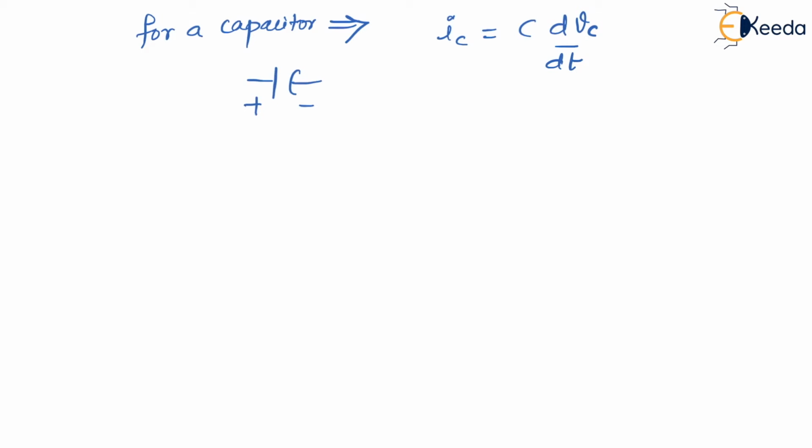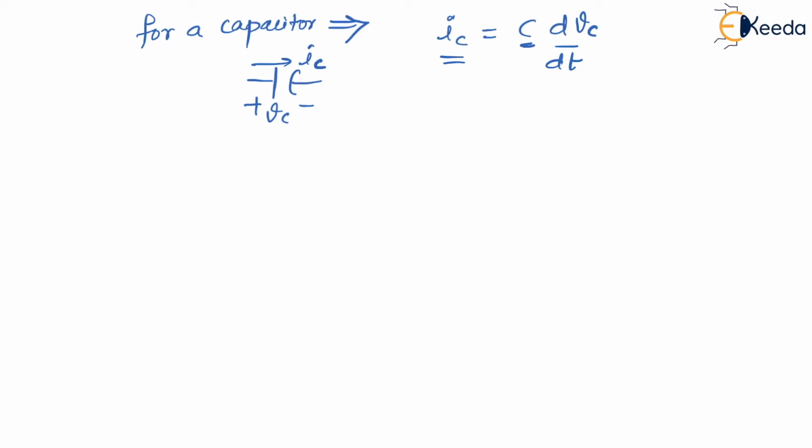We know that for a capacitor, the current IC is equal to C dVc by dt. If this is a capacitor, then the voltage across the capacitor is Vc, and the current flowing through it is IC. The relationship between Vc and IC is IC equals C dVc by dt.